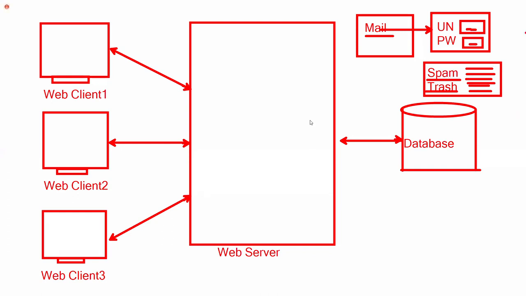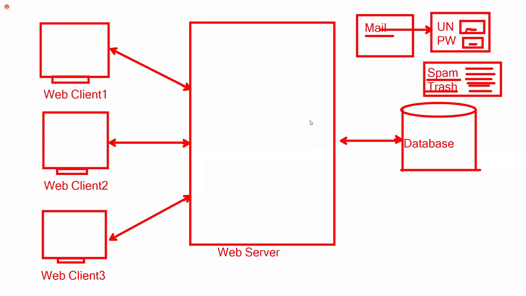Like that. Now, the very first time, suppose this user, web client 1, first sends a request to this home page. This home page comes. You will click the hyperlink. The login page came, asking for username and password.